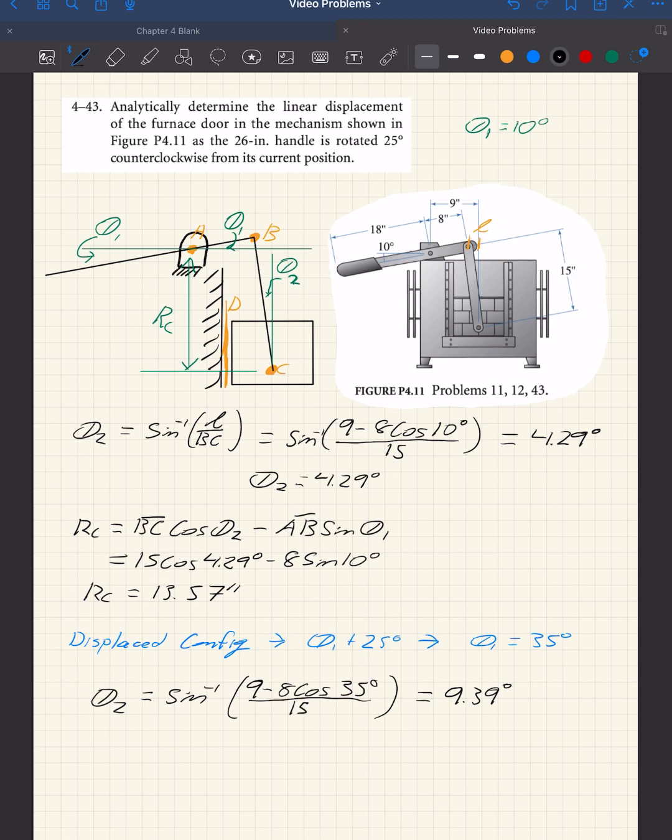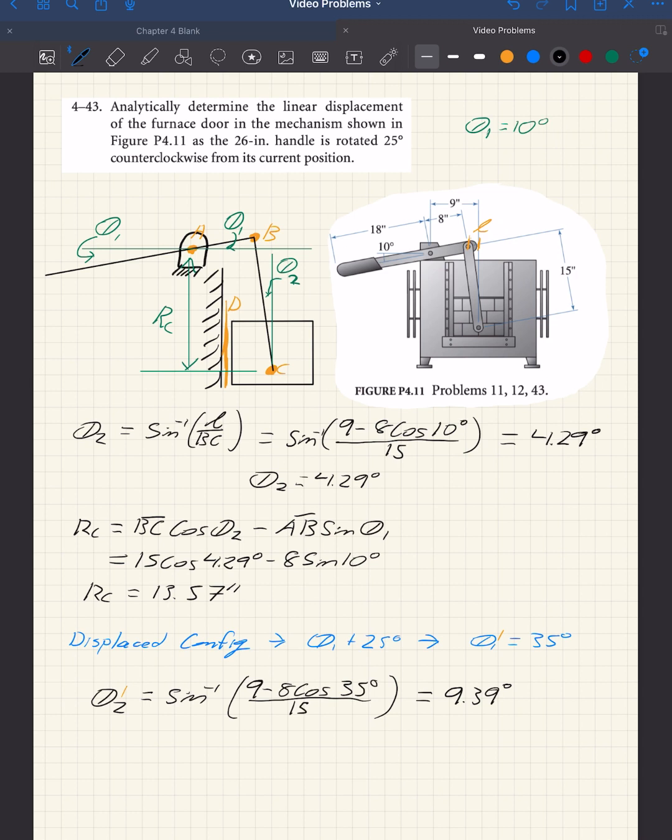In our displaced configuration, we'll call this theta 1 prime, and theta 2 prime.